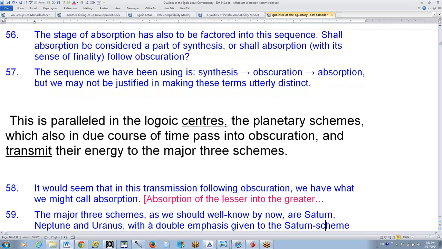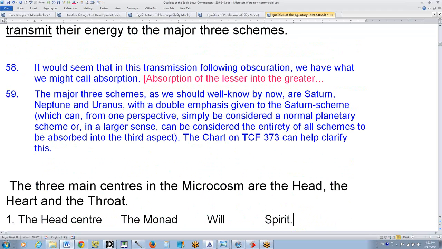The major three schemes, as we should well know by now, are Saturn, Neptune, and Uranus, with a double emphasis given to the Saturn scheme, which can, from one perspective, simply be considered a normal planetary scheme, or in the larger sense can be considered the entirety of all schemes to be absorbed in the third aspect.